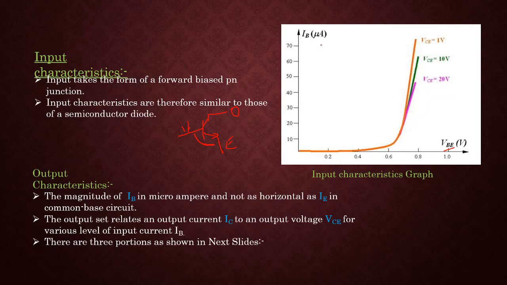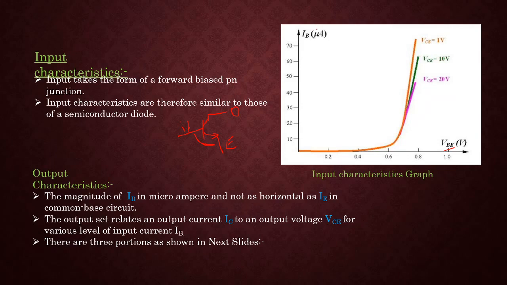IB is a small amount of current, which is why we measure it in microamps. The units are mentioned here.